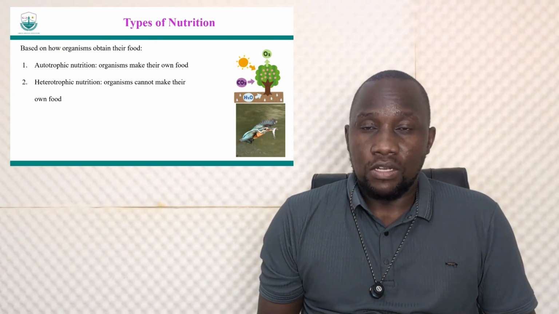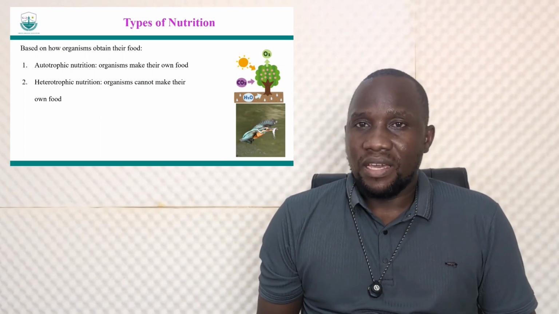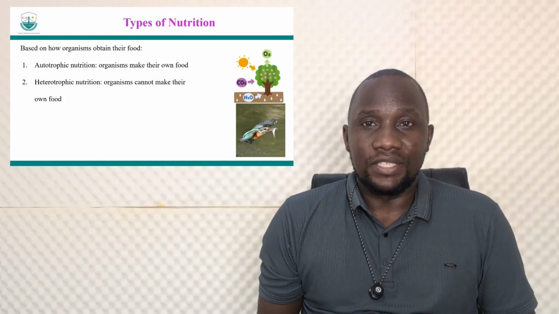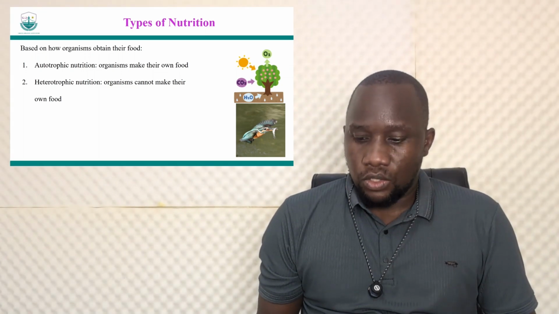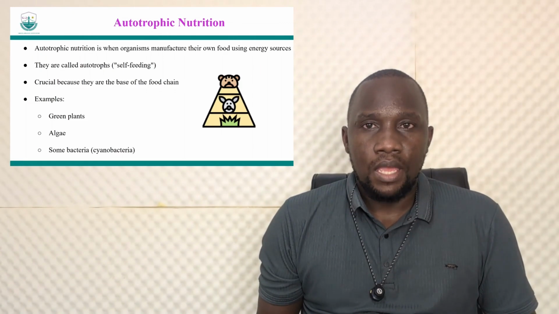They make their own food. That's the point. But if they don't make their own food, but obtain that food from other organisms, we say that is heterotrophic nutrition. So let us look at the details of these two types of nutrition.